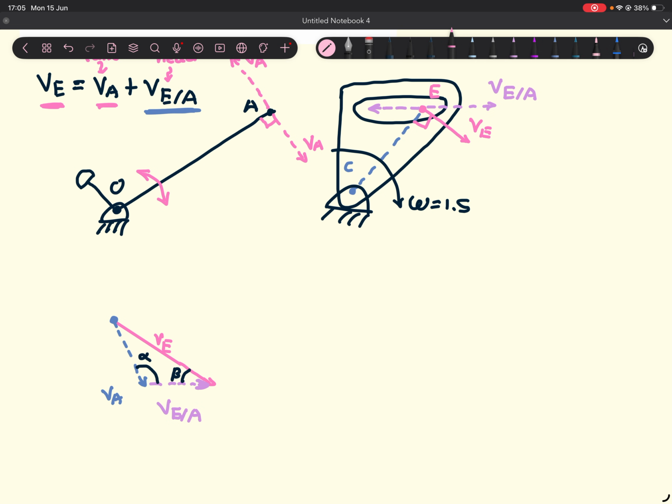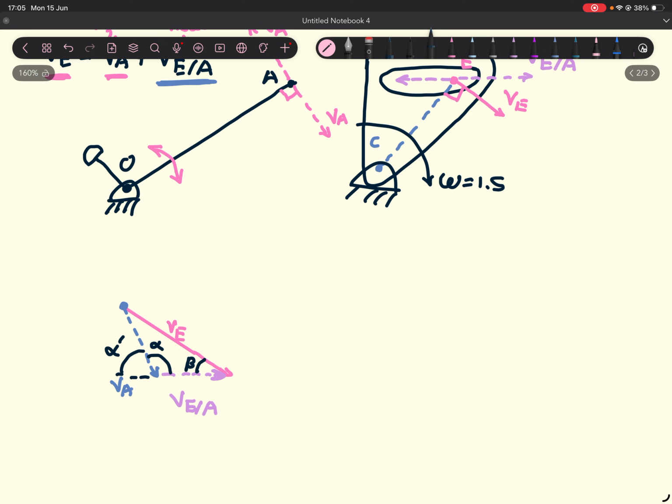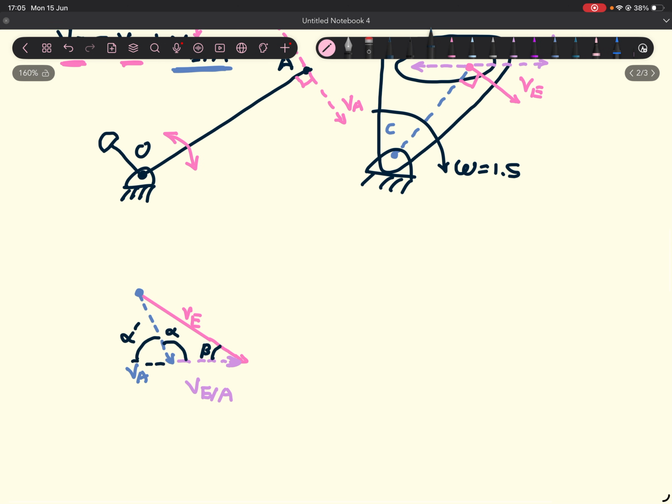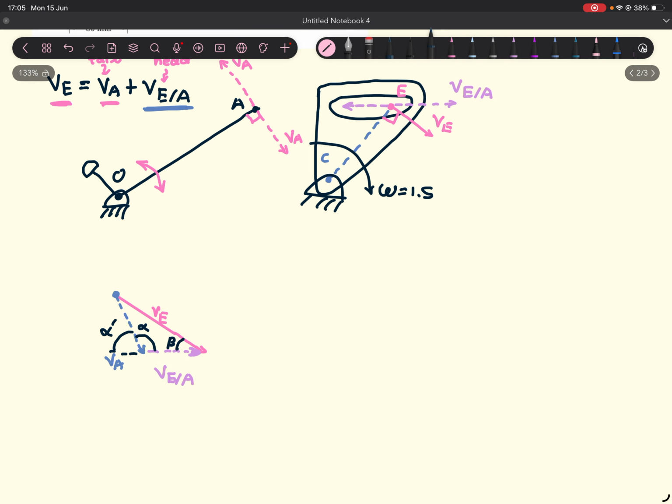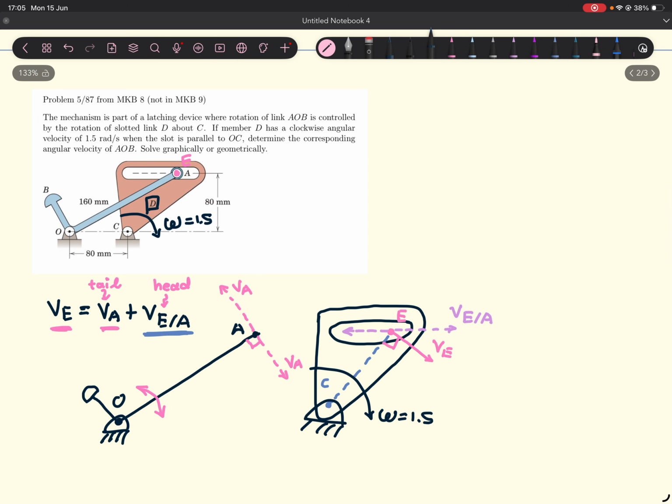Since this is an obtuse angle, I might want to extend it and call this alpha prime. From our diagram, we might only be able to get alpha prime, and then we can relate that to alpha by using angles on a straight line.